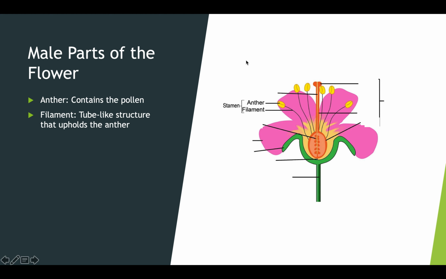So that's why you see them in a form that reaches outward so that pollinators will hopefully be able to catch on to the pollen and spread it to other flowers. And the anther and filament make up the stamen. So the stamen is just a simplified term of the male parts of a flower.